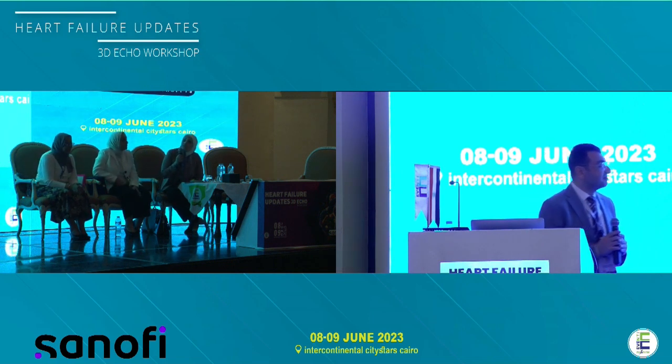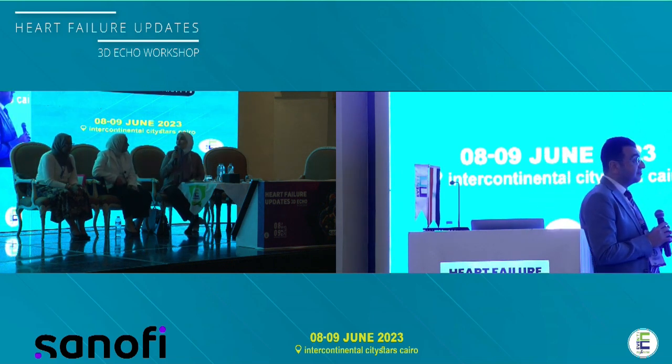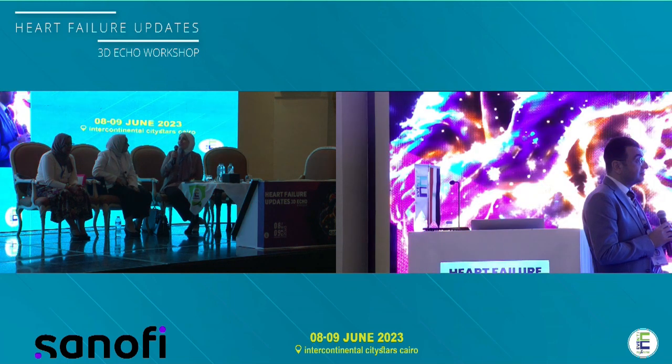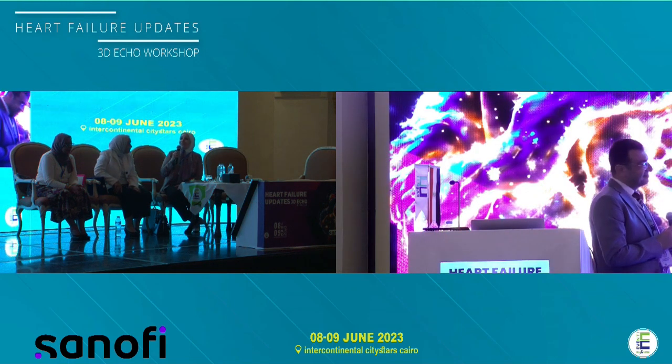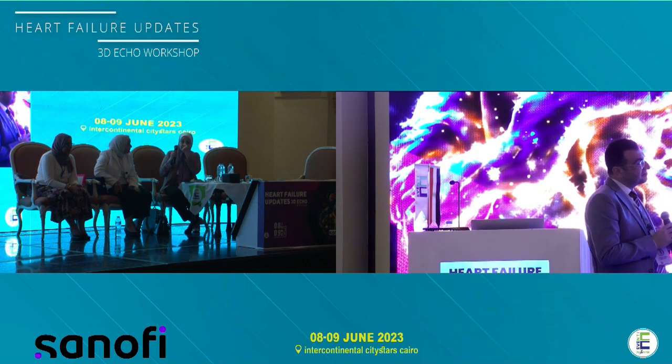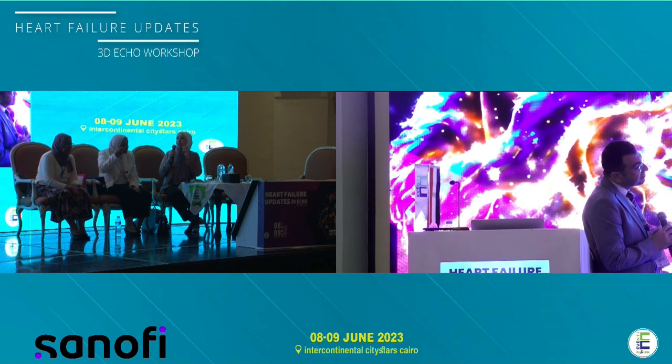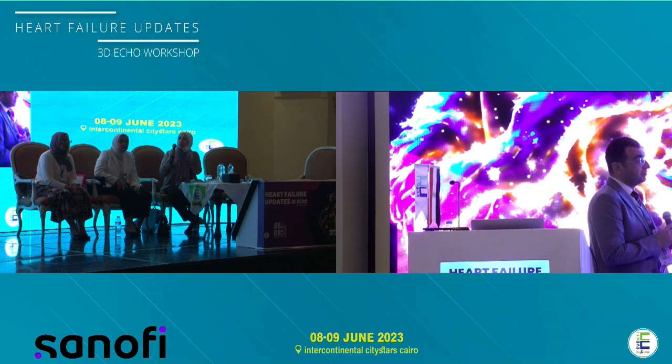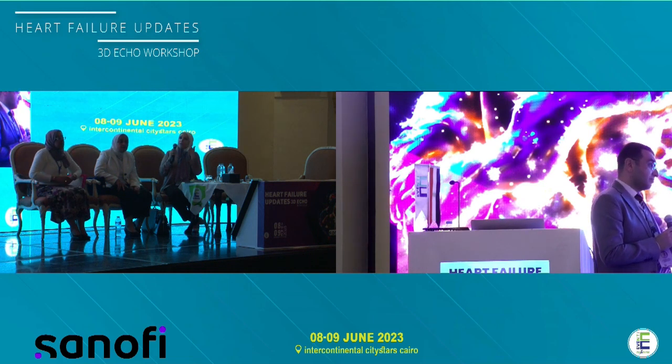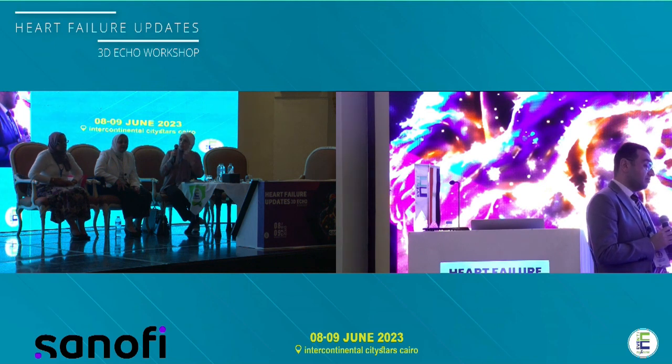May I ask a question? First, we are totally thankful for this elegant lecture. How much does the 3D echo add for the evaluation of the consistency or the quality of the ASD rim, and consequently the sizing of the device or the feasibility of closure or not?